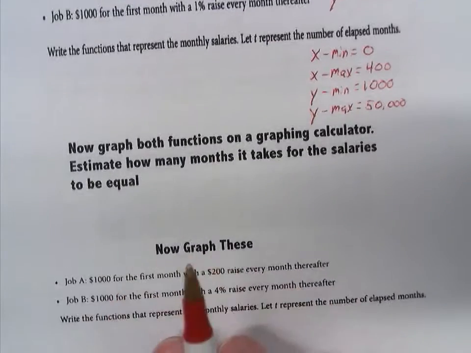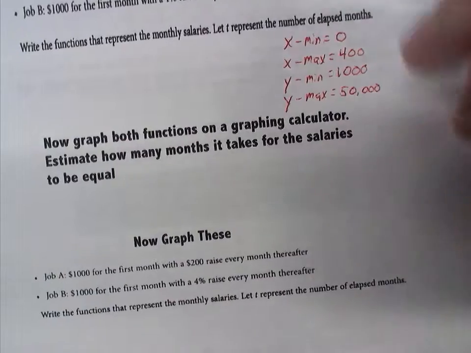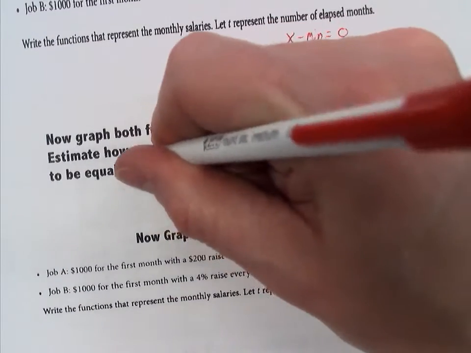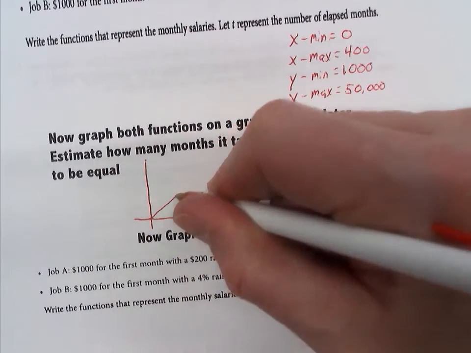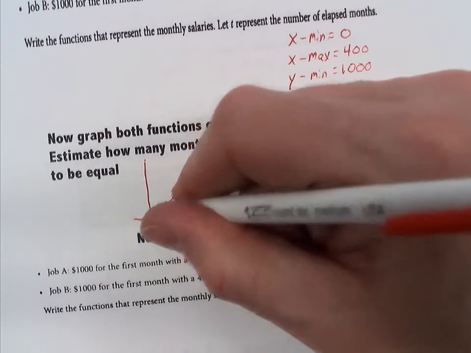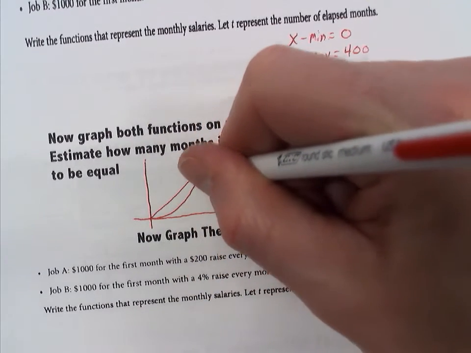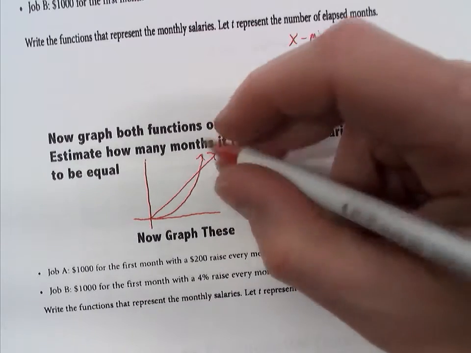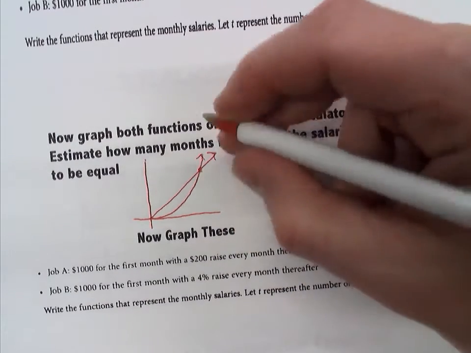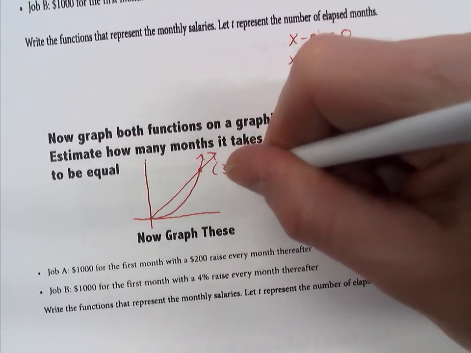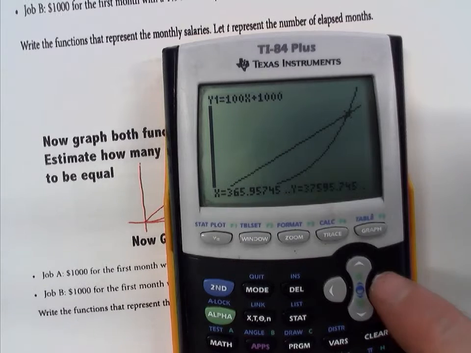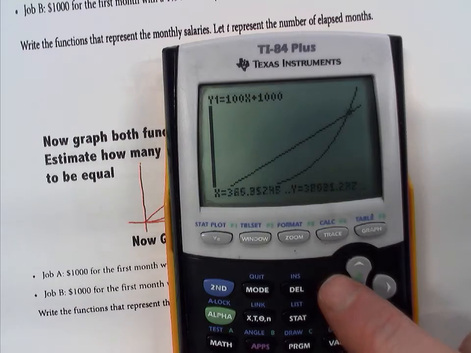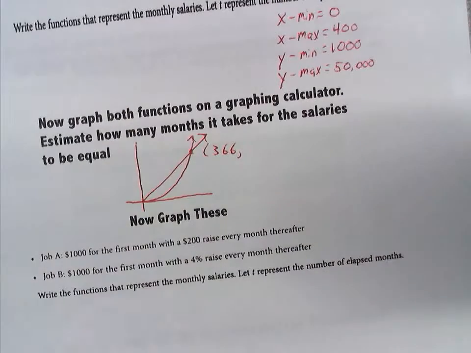So now when I come back here and I graph, if I want to build just kind of a quick crude graph, one line is linear, the other line is exponential, but eventually they do cross at this point, and at that point x is going to be about 366, and y is going to be about 38,000 or so.